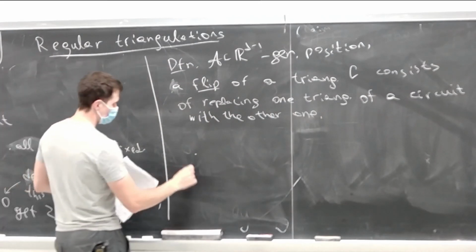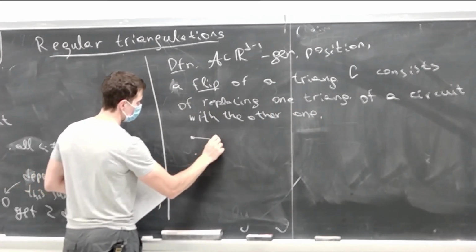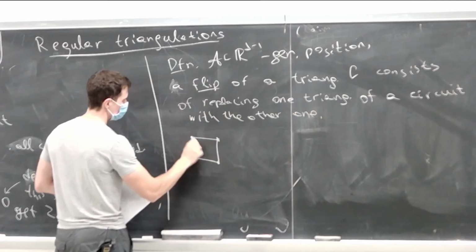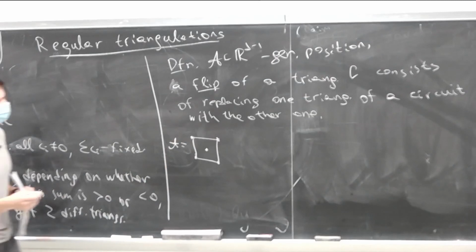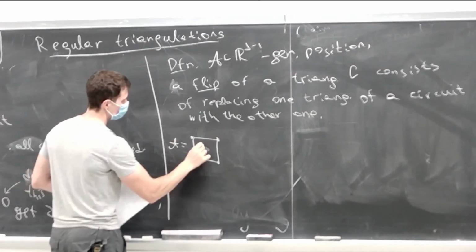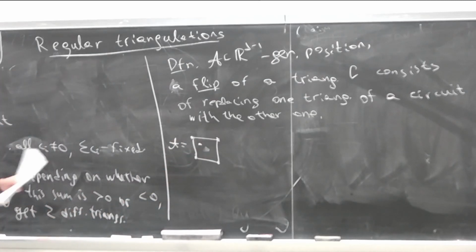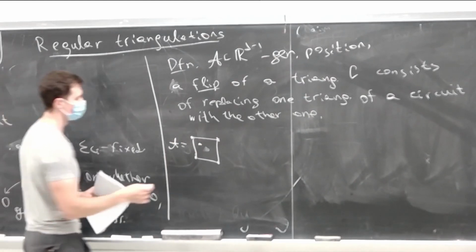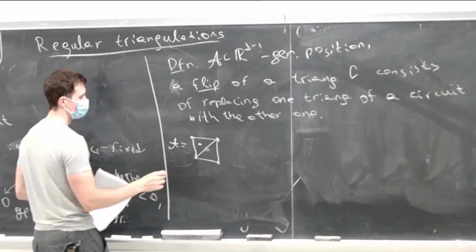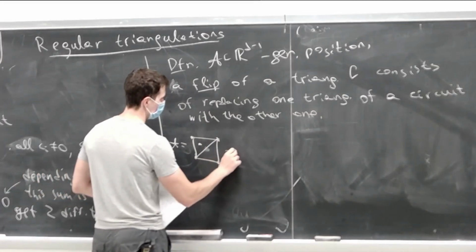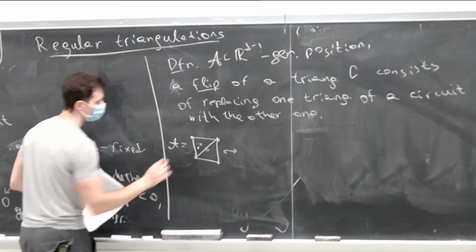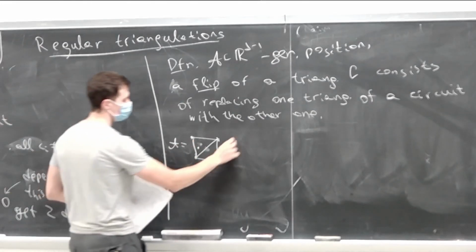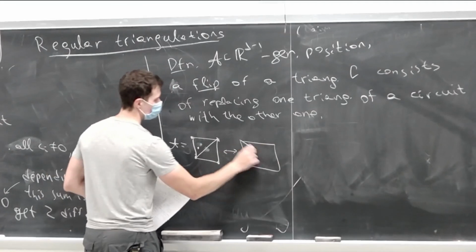So maybe I take A to be 5 points like this. Then I can look at all possible triangulations of A. There's many triangulations. There's a triangulation that looks like this, and then I can apply a flip to it. I can actually do it in 2 different ways.